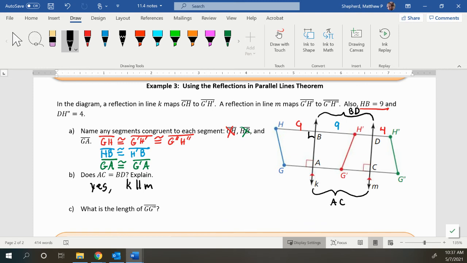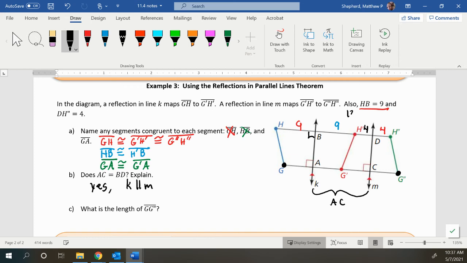So what is the length of G to G double prime? All right, so here's what we know. We know that AC and BD are going to be the same. Now, we can actually figure out what BD is. We were given enough information. We got 9. That should be 4.